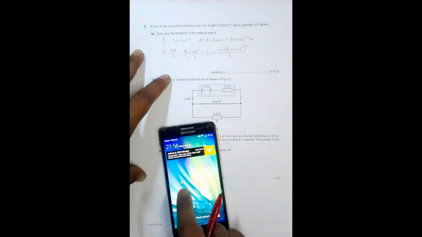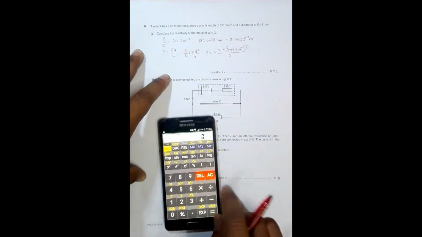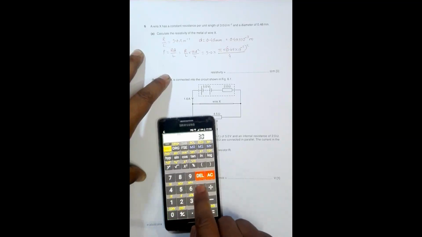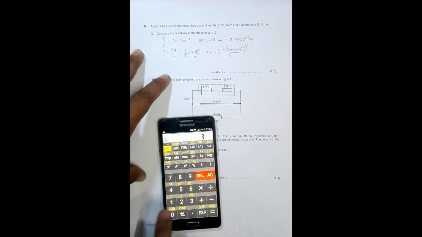So the calculations will give us the value. So 3.0 into we have pi here. We have to use the value of pi, so let me search for pi.